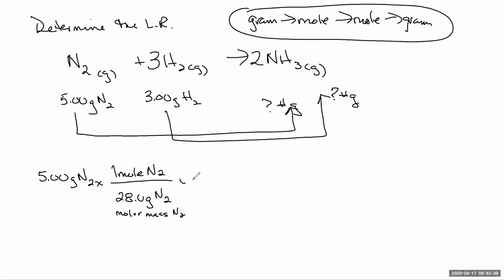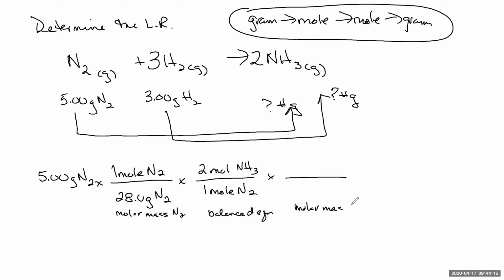Times my next step, which is going to come from the balanced equation. This is going to be mole to mole calculations. And so I'm going to need 1 mole of N2 to produce 2 moles of NH3. This is my balanced equation, right? And my last step, I'm going to need to use the molar mass of NH3. 1 mole of NH3.